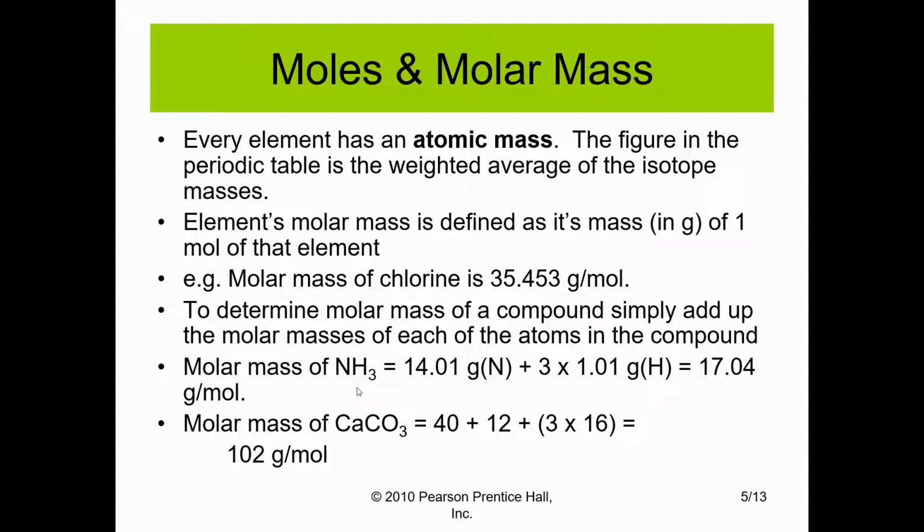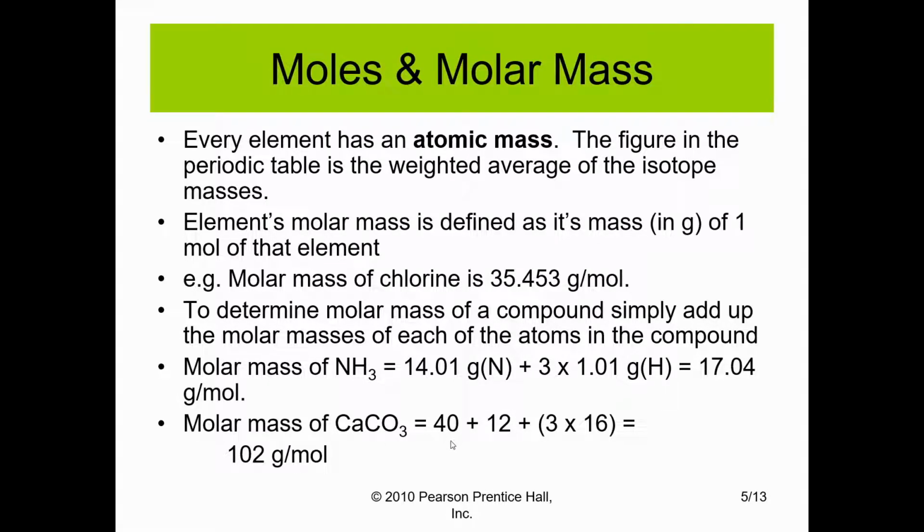This means that if we have 6.02 times 10 to the 23rd molecules of ammonia, NH3, they're going to weigh 17.04 grams, or the molar mass is 17.04 grams per 1 mole. We can look at another example using the molar mass for CaCO3.